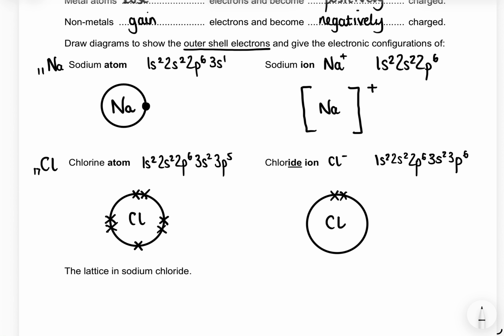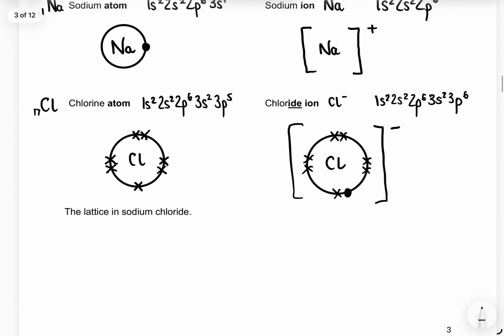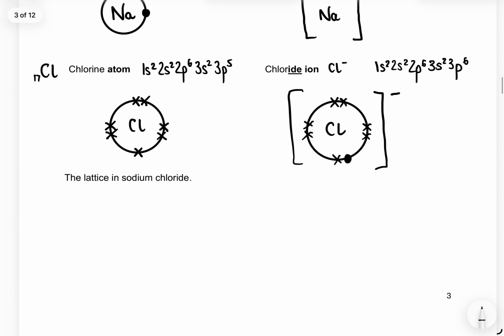It would have the 7 that it had before, and then it's gained 1, and in this case we're talking about from sodium in sodium chloride. So we've got 7 crosses and 1 dot. As long as you have a different type of electrons, it's called a dot and cross diagram. I've used dots for sodium and crosses for chlorine. You could do it the other way around. You end up with a 1- charge because you've got 1 electron that didn't belong to chlorine originally.